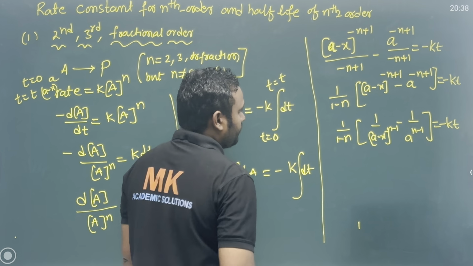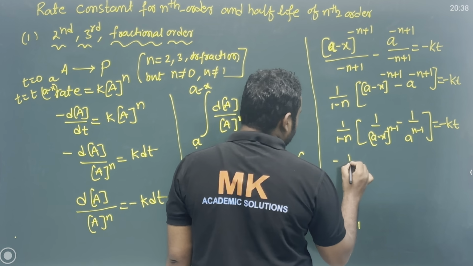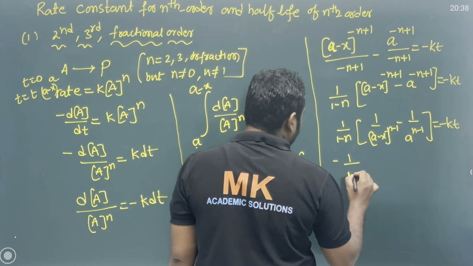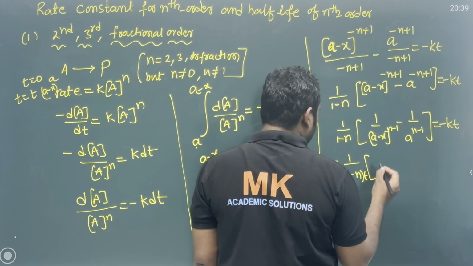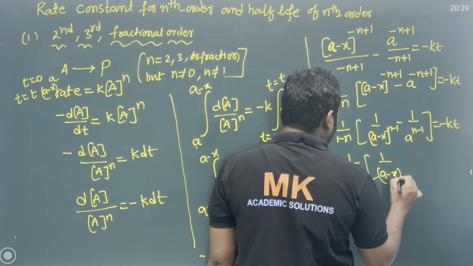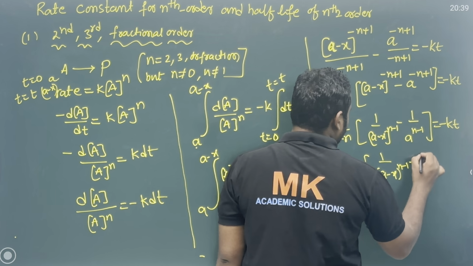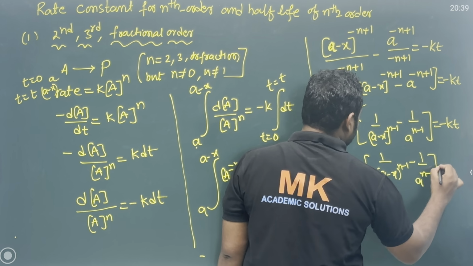Therefore minus and t you send this side, and it will become minus 1 by (1 minus n) into t, into 1 by (a minus x) power n minus 1 minus 1 by a power n minus 1, is equal to k.